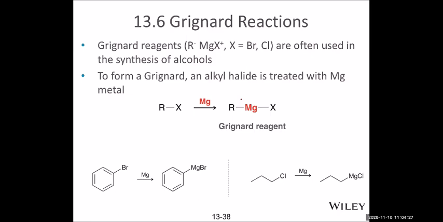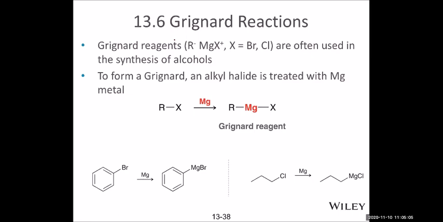This is one of the most powerful reagents in organic chemistry. He got a Nobel Prize because he discovered the whole series of reagents made by reacting alkyl halides, especially bromides, with magnesium. Because this reagent can fairly easily add more carbon to the structure, it is a way to build bigger molecules.